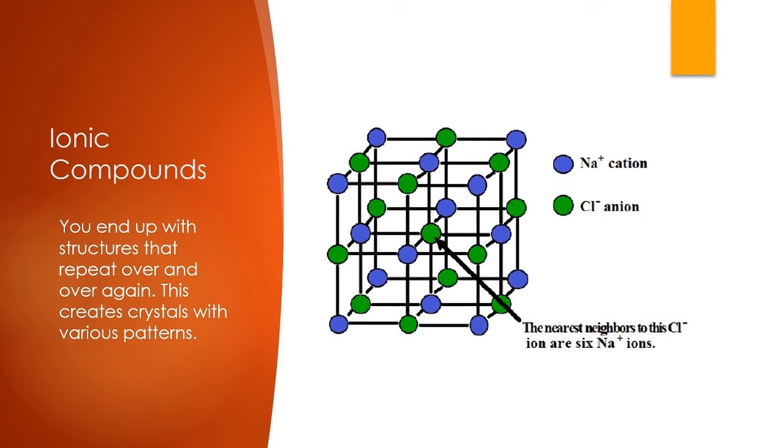The greens stack next to the blues, which stack next to the greens, and you create what's called a crystal lattice structure. That term is way important, and that crystal lattice structure is what we're going to break apart to make hot and cold packs later on.